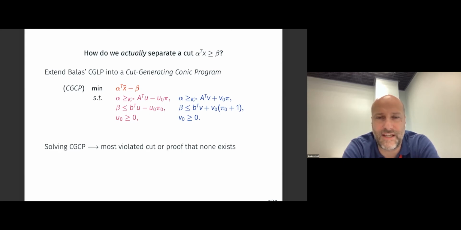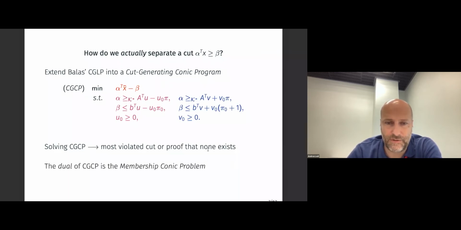So based on the idea that any mixed integer convex problem can be reformulated into mixed integer conic, strongly using conic duality. And this is actually the extension of the so-called cut-generating linear program by Balázs from the 70s, to the conic case.